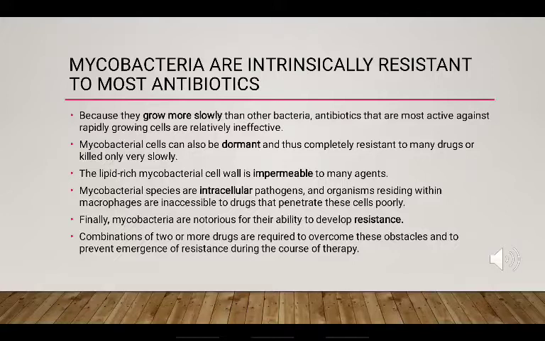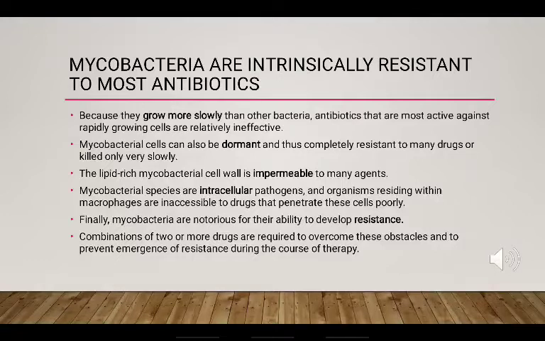Because of few reasons or causes. First of all, they grow slower than other bacteria, and we know that most of the antibiotics that we have, they are effective against rapidly growing bacteria. Okay, so they're not effective against the slowly growing ones. This is one thing.